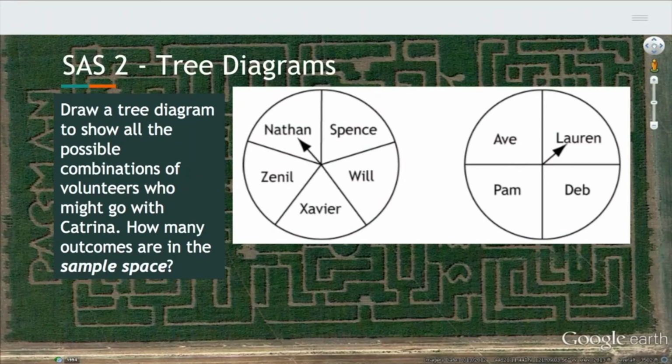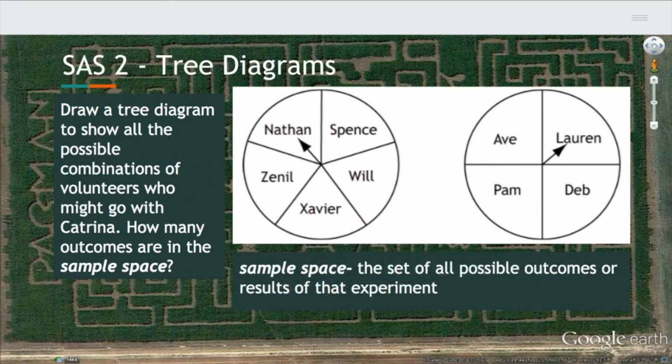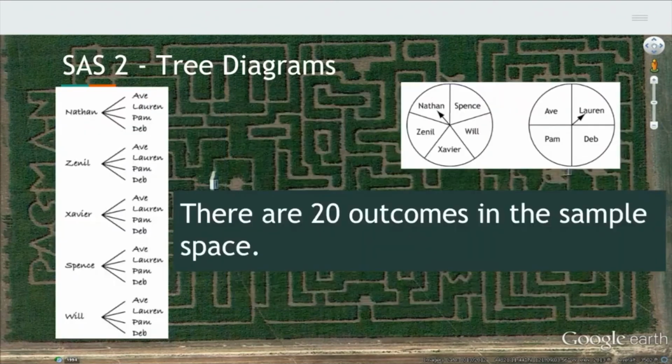Let's draw a tree diagram to show all the possible combinations of volunteers who might go with Katrina. How many outcomes are in the sample space? Sample space is the total opportunities that people can go. How many different selections can we take? All right, the set of all possible outcomes or results of that experiment.